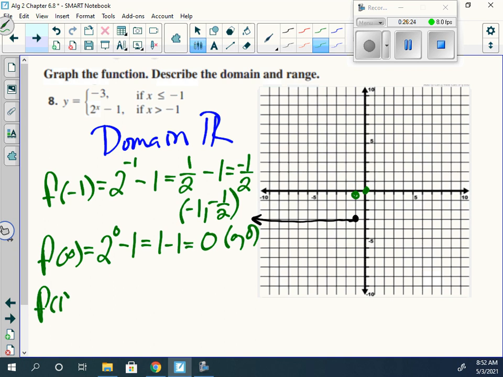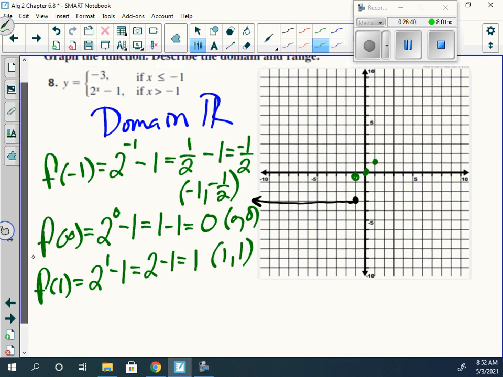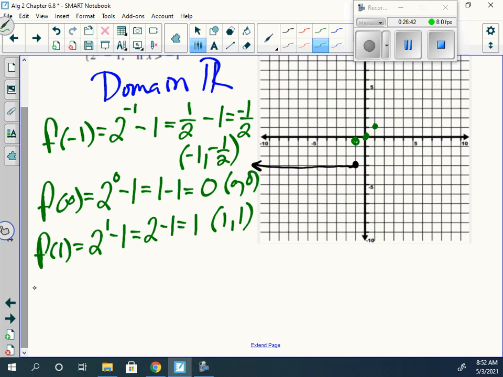Let's just keep going, f of 1. Well, 2 to the first is 2, and 2 minus 1 is 1. Yes.